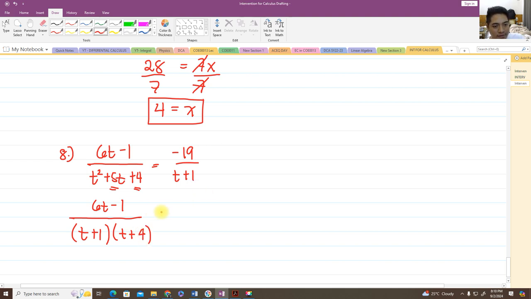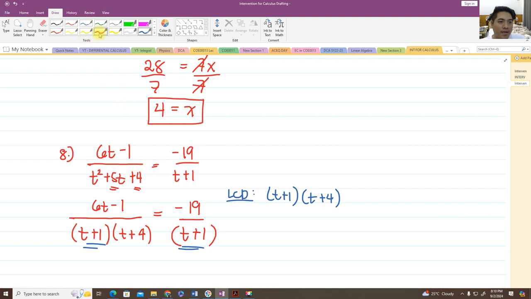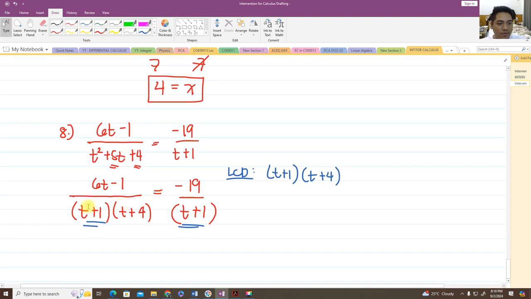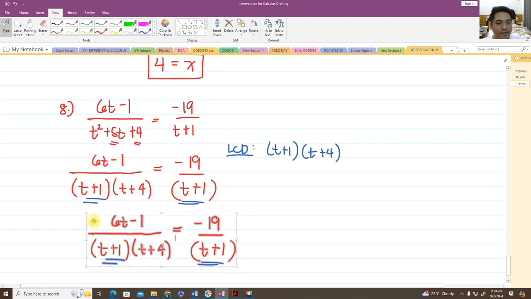Okay? So equivalent to negative 19 all over t plus 1. So the LCD, we have a common t plus 1. That's common. And of course, we have t plus 4. So we are going to multiply the whole side of the equation by the LCD so that we can get rid of the denominators.